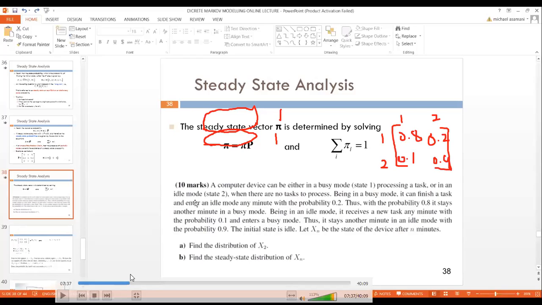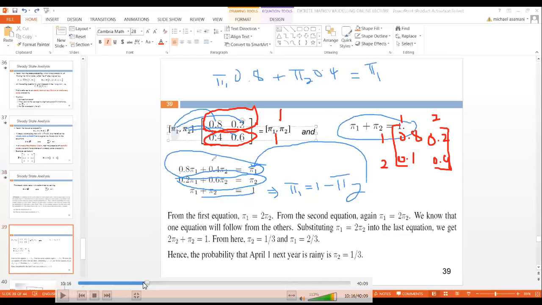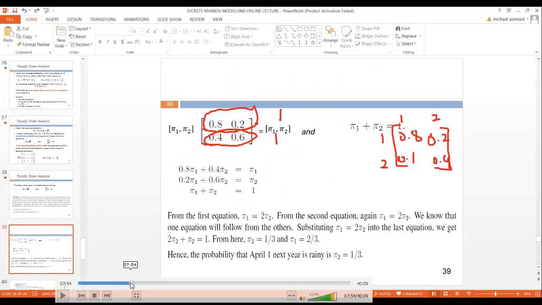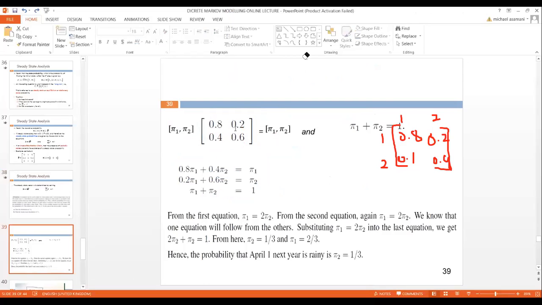I've seen the point you were making. So ideally, this matrix here should have been 0.8, 0.2, 0.1, 0.9 instead of 0.4, 0.6.